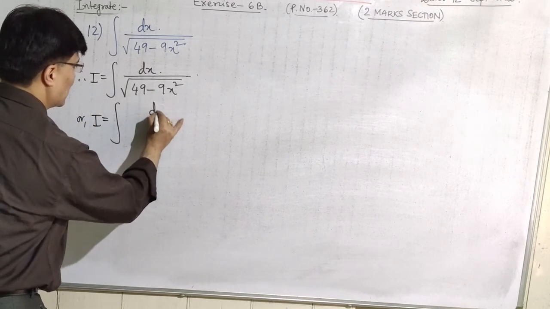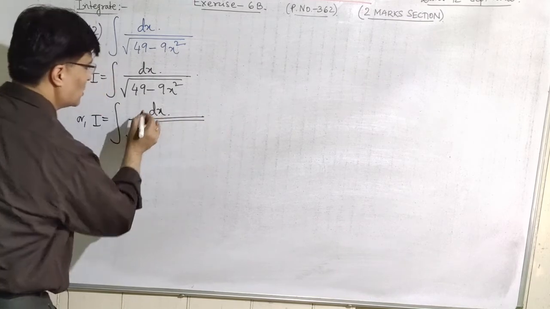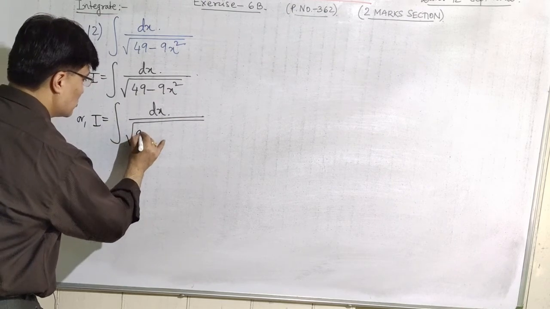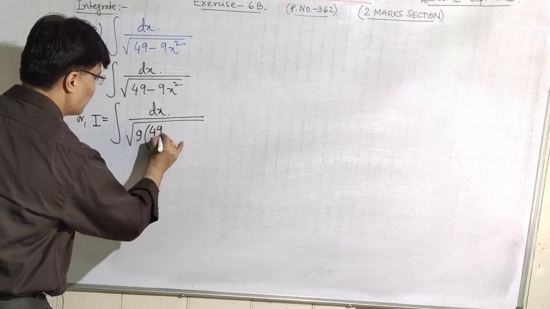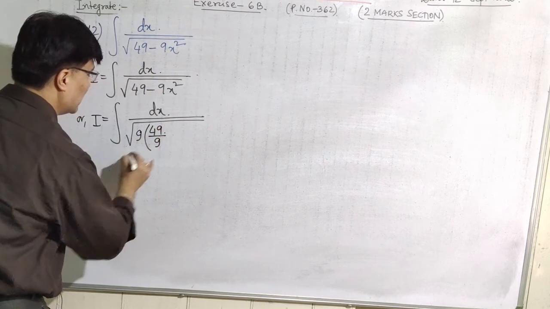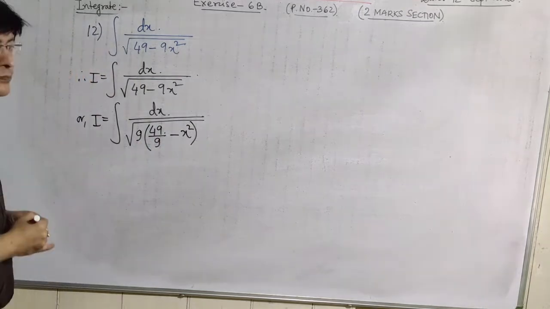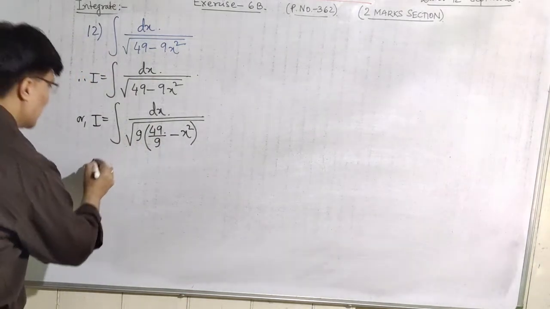So integral sign dx divided by within square root. Let us make this coefficient of x square 1. That means you have to take 9 as common. So within bracket we have 49 upon 9 minus x square. What is square root of 9?